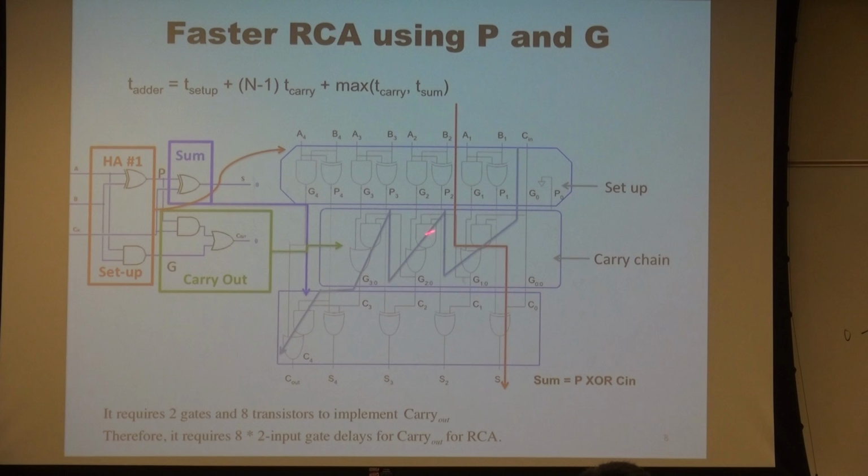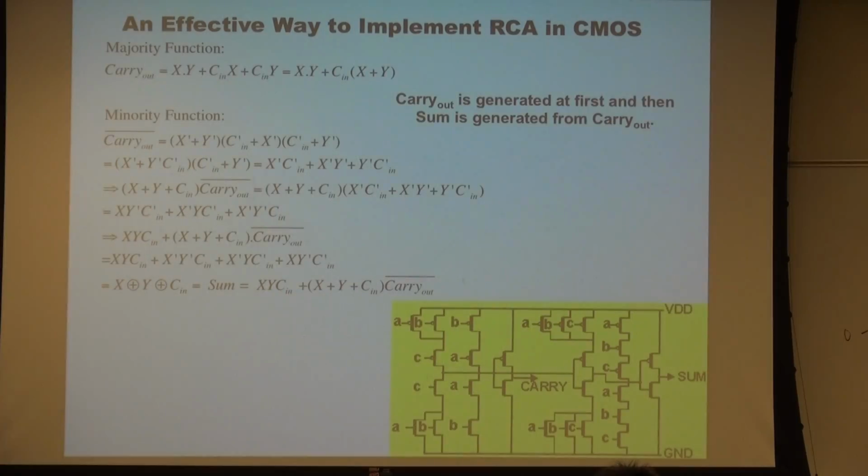But this is not the end of it. Now I'm just showing, at the logic level, what manipulation I can do to improve the performance. But once you go into the circuit level, there are still more things to do. So we'll look into some of the transistor level design.